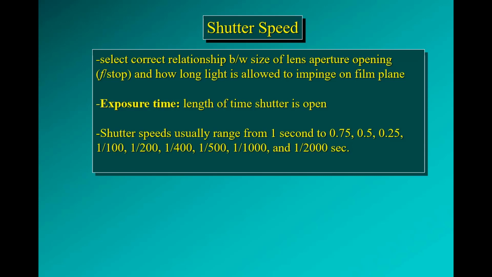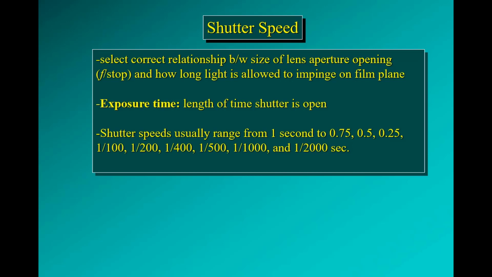So the exposure time is a very important setting in photography in general, and aerial photography specifically, and that is the length of time that the shutter remains open. So shutter speeds usually range from about 1 second, which is quite long, all the way to very short periods of time, 1/1000th or 1/2000th of a second.